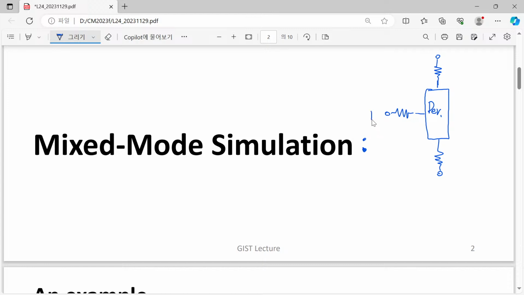There is a voltage source, another voltage source, and another voltage source, and also a resistor, another resistor.